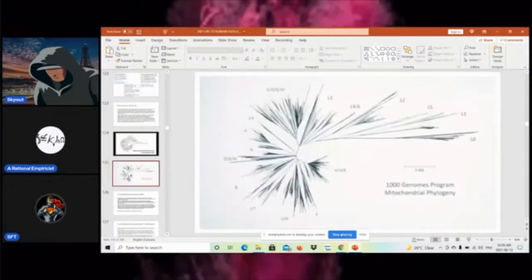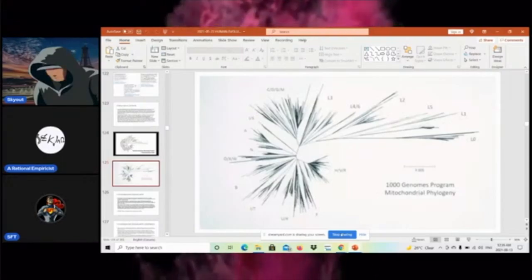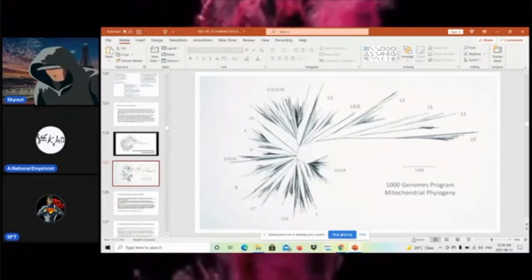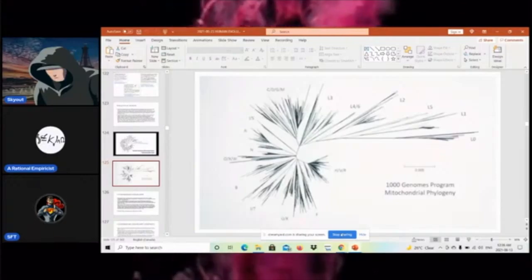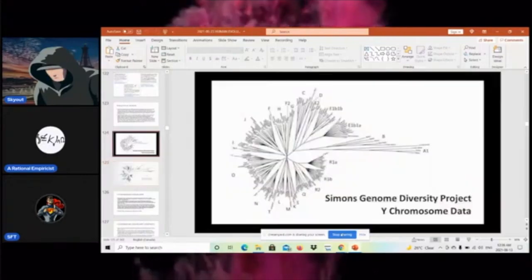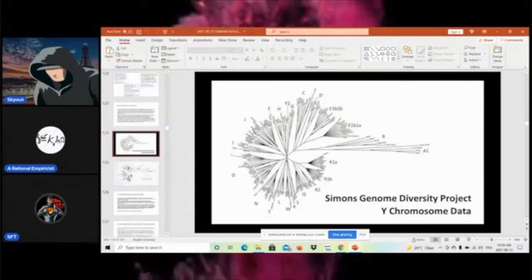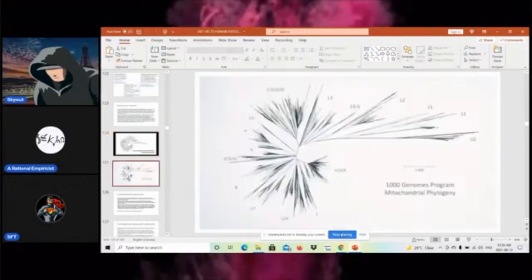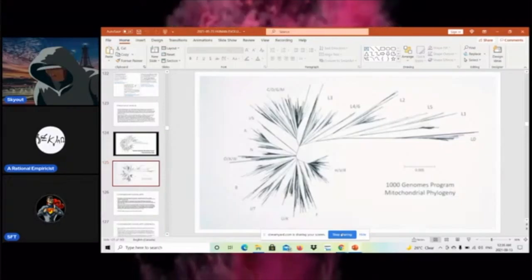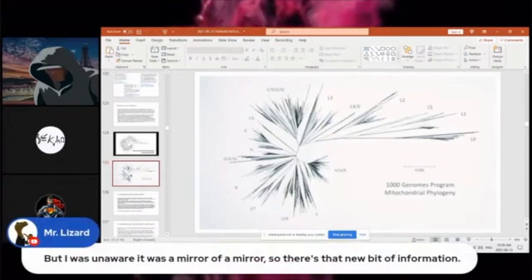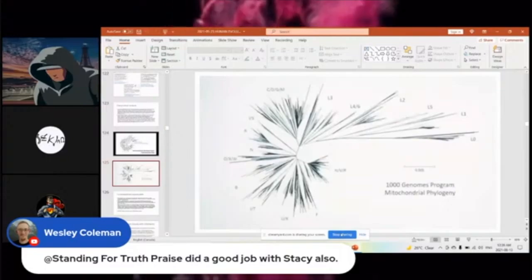We know the Y chromosome and the mitochondrial DNA are vastly different than chimpanzee Y chromosome and mitochondrial DNA. You don't have tens of thousands of mutations in either. What we find is one Y chromosomal ancestor of all people on the planet, one mitochondrial DNA ancestor of all people on the planet, consistent with special creation. I don't see how this can fit into the universal common ancestry model.